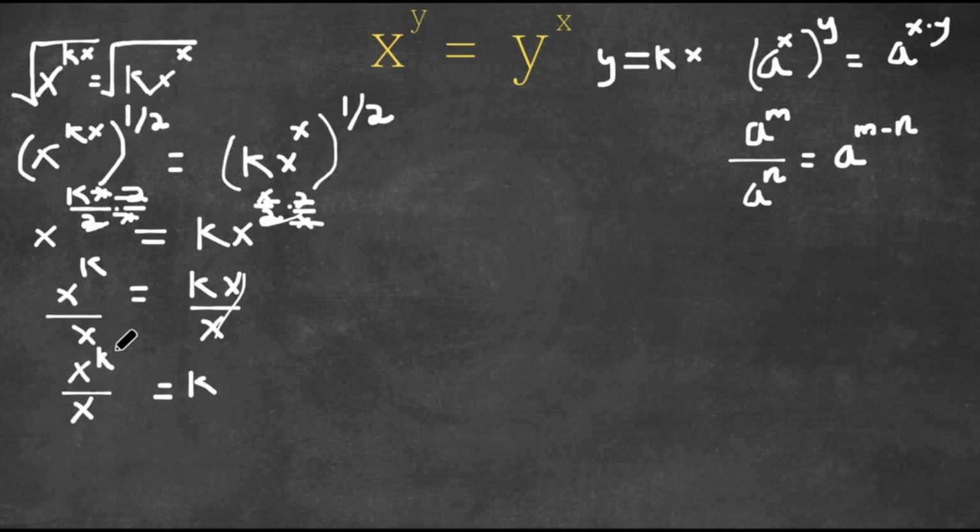So right here we have x to the power of k over x to the power of 1. This is actually x to the power of 1 equals x, so this is the same thing as x to the power of k minus 1. And this is still equal to k.